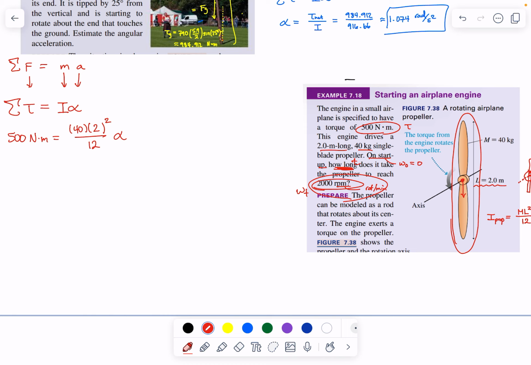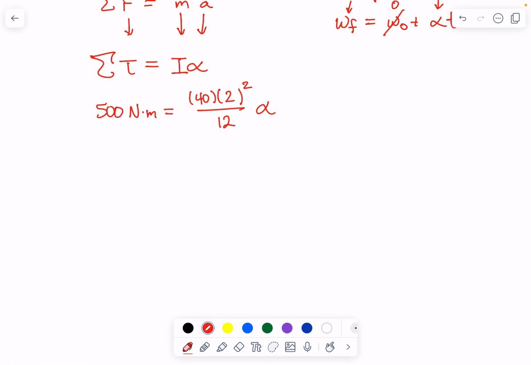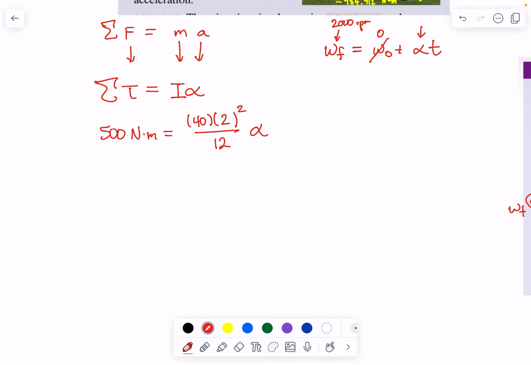We know we're going to have to use this kinematic equation at some point. The only thing we need to do is solve for that alpha. We already know this is 0, and we know this is the 2000 RPM. So if we can just find alpha, we can solve for the time. And we have a nice little equation to do that over here: Newton's second law.